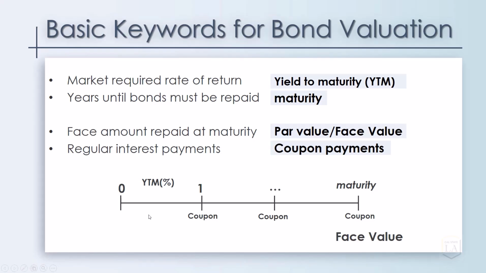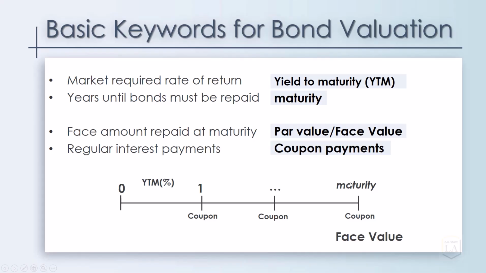And also, regularly, you will be collecting some kind of interest payments, and interest in the bond structure is called coupons. So the regular interest payments would be coupon payments, and you will be collecting them regularly, which is more like payments in the time value of money setting.